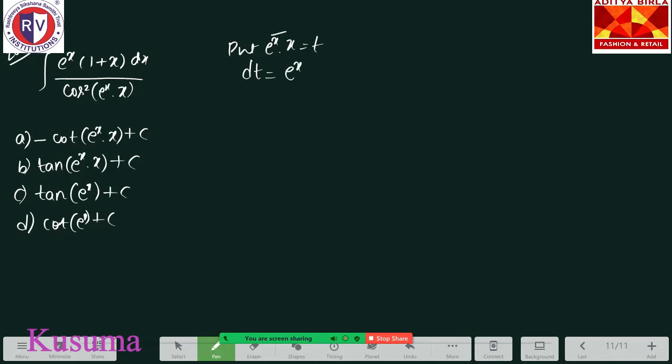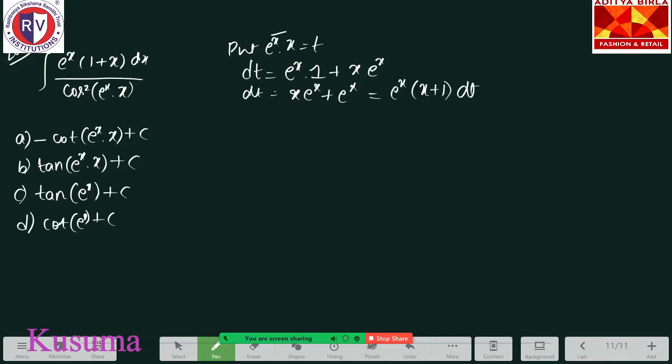So first function into d by dx of the second function, that is d by dx of x will be 1, plus second function into d by dx of first function, that is d by dx of e to the power of x will be e to the power of x itself. So this will be our dt, that is x into e to the power of x plus e to the power of x, or e to the power of x into x plus 1 dt.